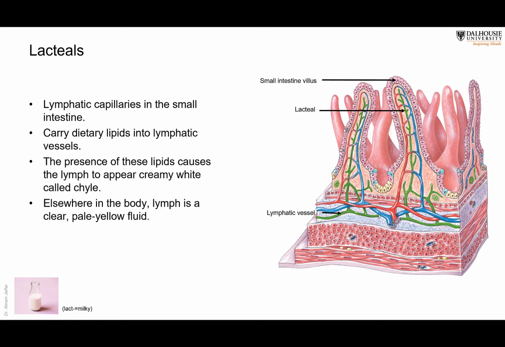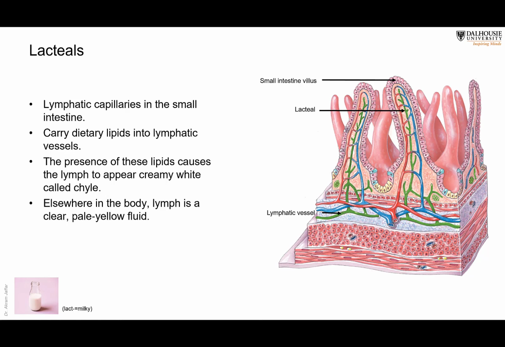And these are specifically for removing the fat and fat-soluble vitamins that are absorbed from the gastrointestinal tract and cannot gain access to the capillary circulation. And that's why the lymph that is present in these vessels, specifically, is milky in color because it contains a lot of lipids, and it is called chyle.